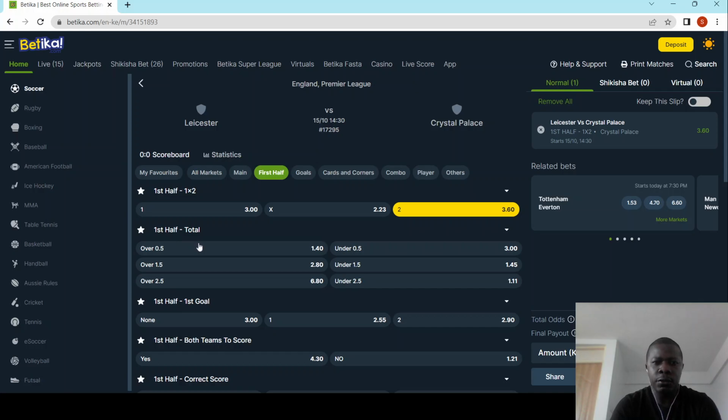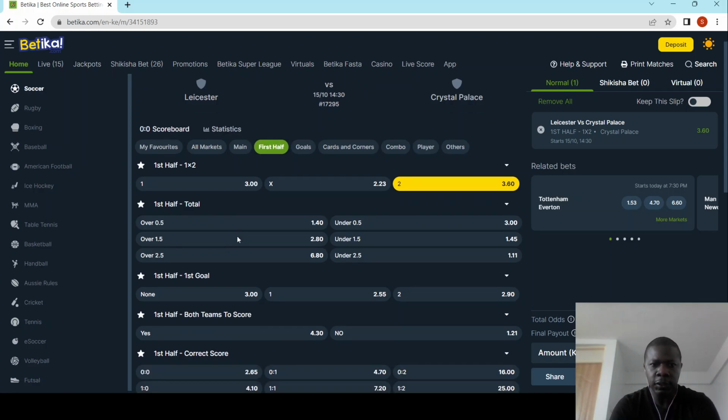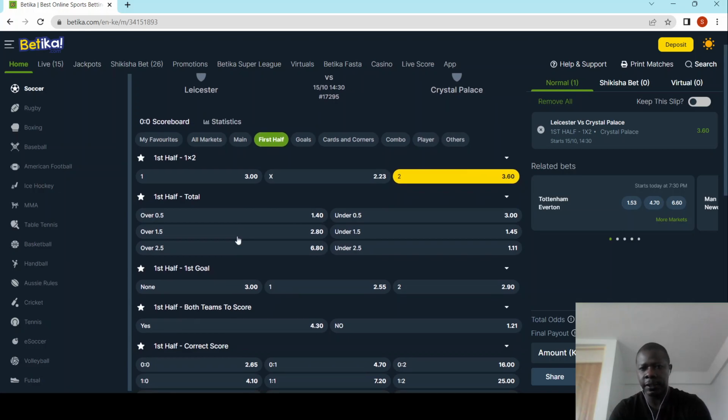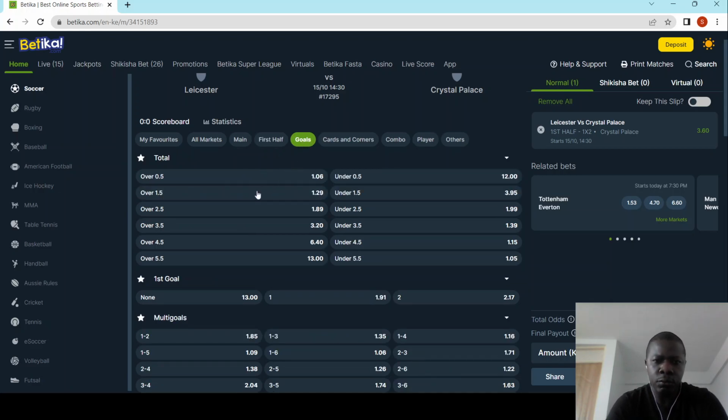Then when it comes to goals, you can also bet on goals in the first half. Let me go to goals before I come to the first half, so that I explain something here. When it comes to goals, you can always place an odd and say this match will end in over 0.5.